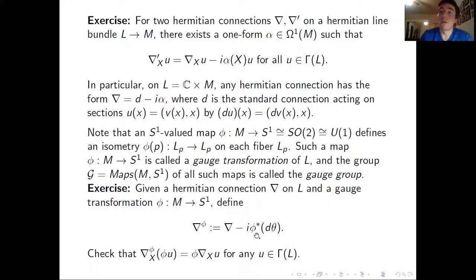Okay, so if we had a section u, which our original connection nabla saw as constant, for instance, well then nabla phi would see the rotated section phi times u as being constant. Okay, this is what we call the action of the gauge group on the connections, or on the Hermitian connections.